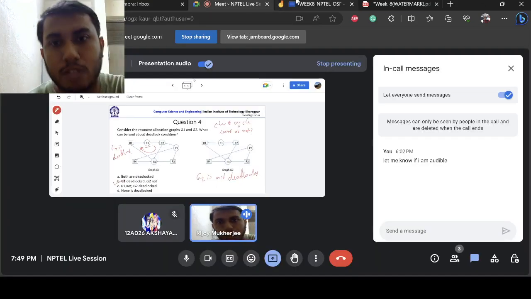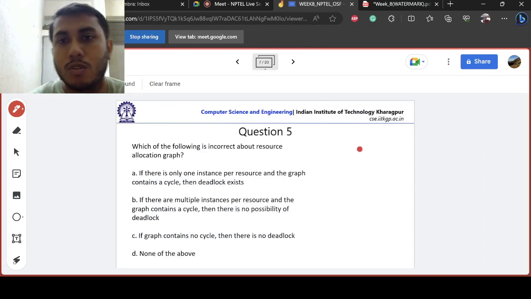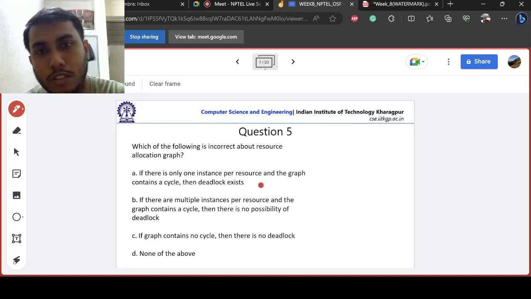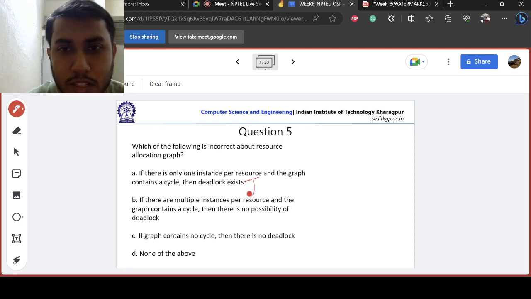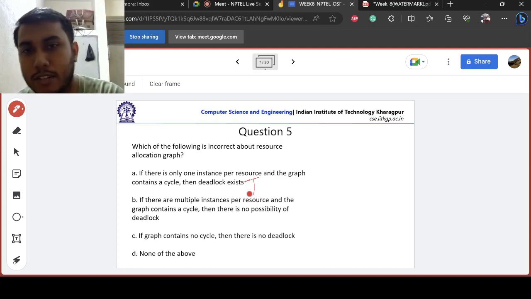So let's go to the next one. Which of the following is incorrect about resource allocation graph? If there is only one instance per resource and the graph contains a cycle, then deadlock exists. Yes, this is true. If there are multiple instances per resource and the graph contains a cycle, then there is no possible deadlock.